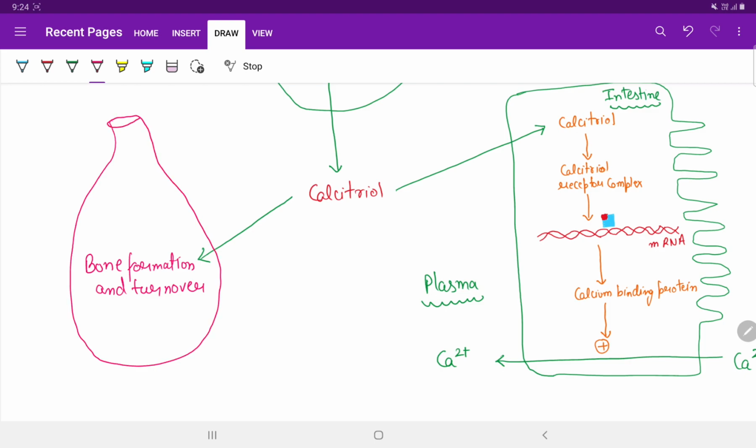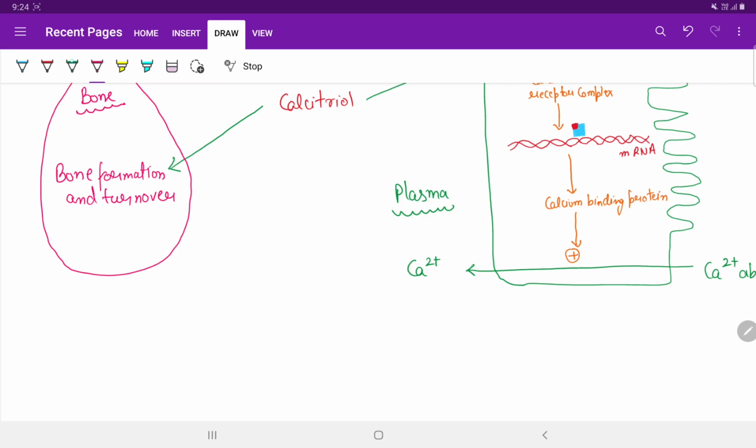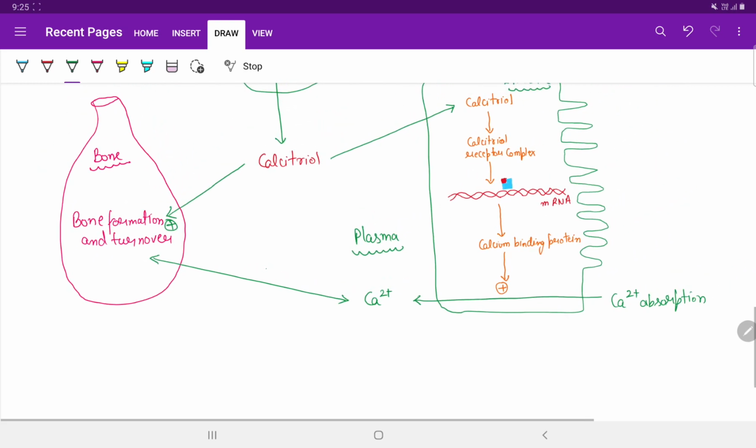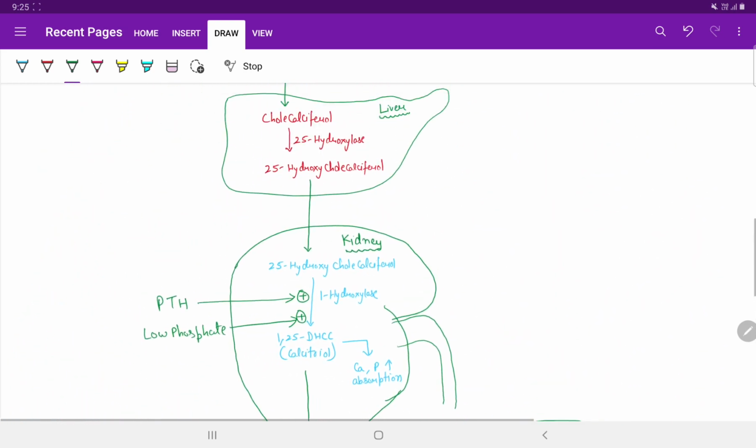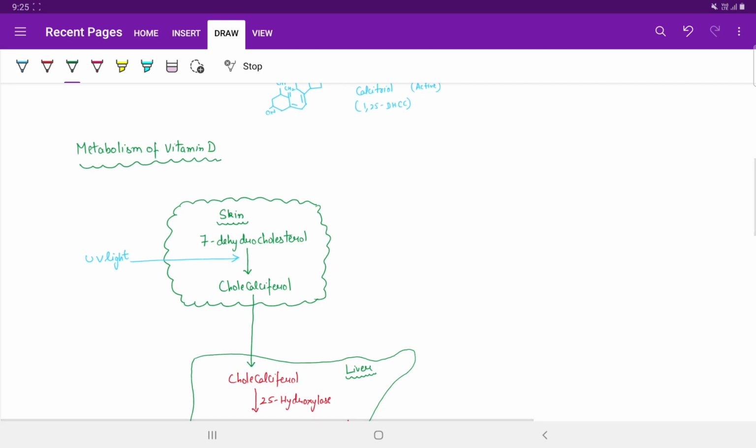So this is the structure of the bone. We can say this is leading to the formation of bone, and this extra calcium is also released out into the plasma, as per the decalcification process. So this was regarding the metabolism or fate of vitamin D. So you can clearly see how this is occurring.